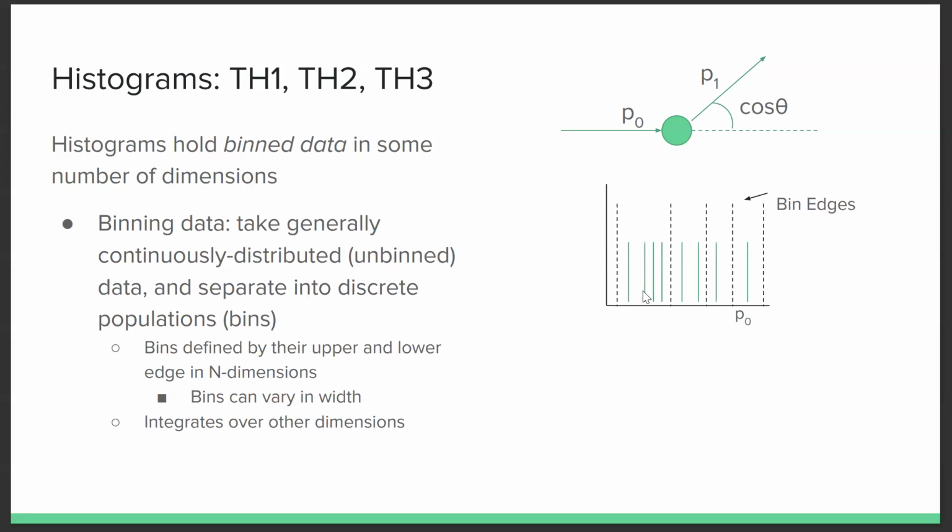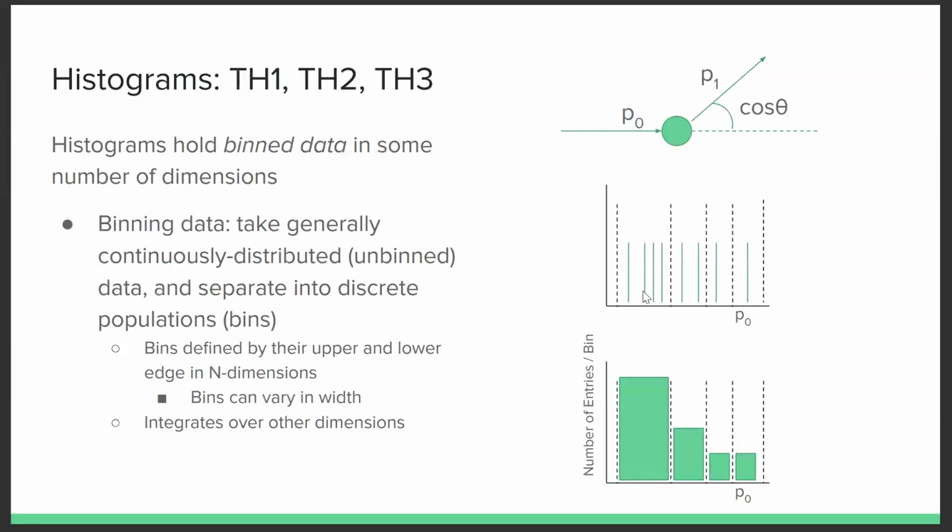And I can define some bin edges, and then I can say, okay, count the number of times that an occurrence happens within that given range, and then I make the according number of entries in that bin within the histogram. And just to note, doing this way integrates over p1 and cosine theta if I'm just looking at p0, right?